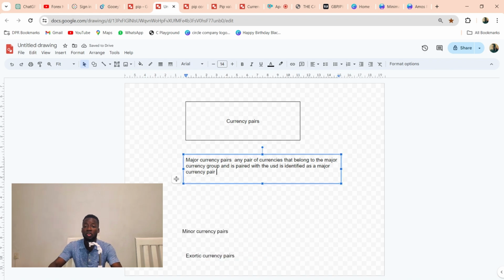What this is telling us is just that for every currency that is being paired with USD and that same currency belongs to the major currency group, that currency pair now is a major currency pair.